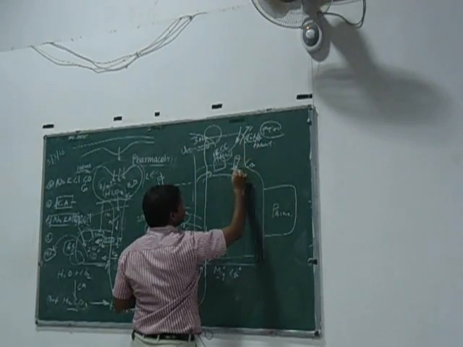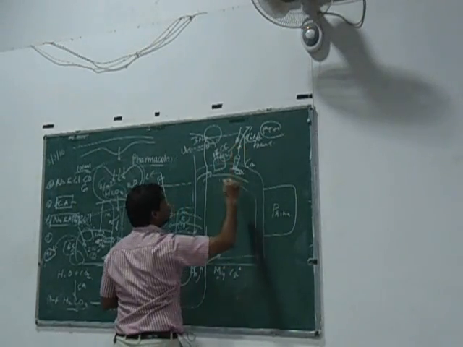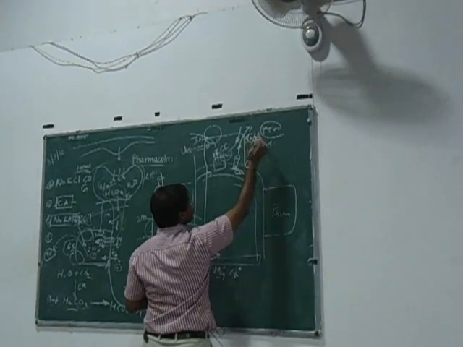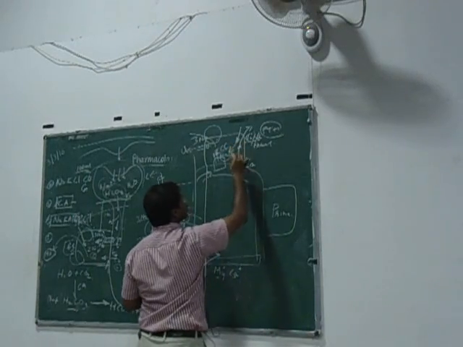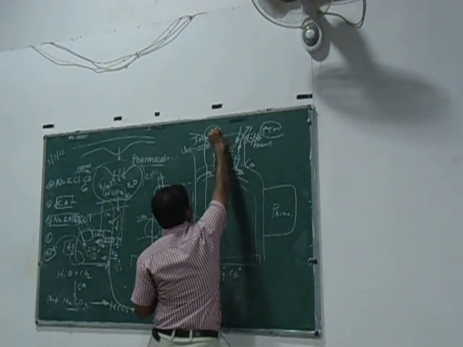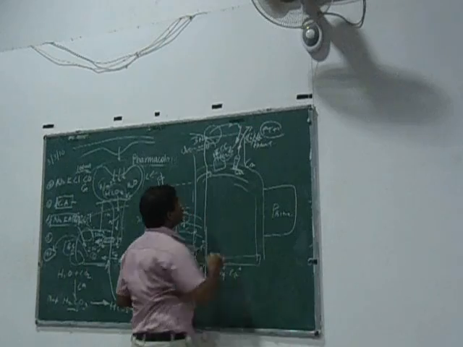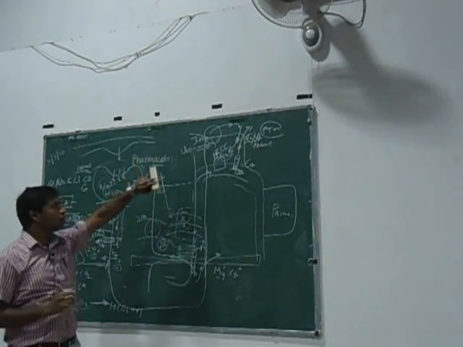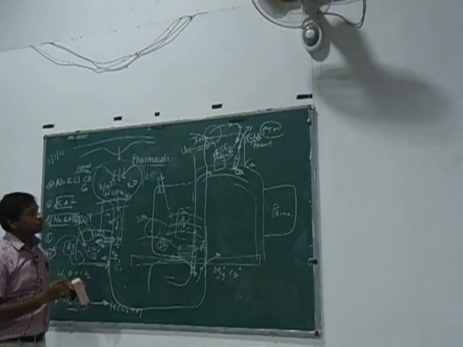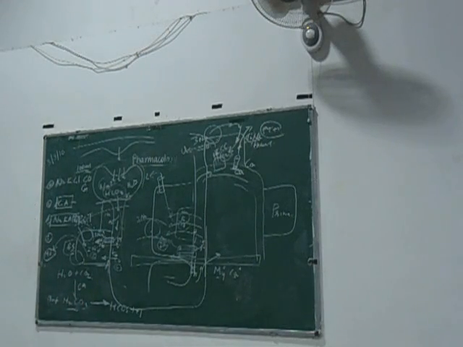Here once calcium comes in, this calcium sodium channel will turn back this sodium. Whatever sodium is there, it will be helping for calcium reabsorption. The sodium which has entered into the blood will be transported back in exchange for the calcium. That is one mechanism where the calcium absorption is taking place.